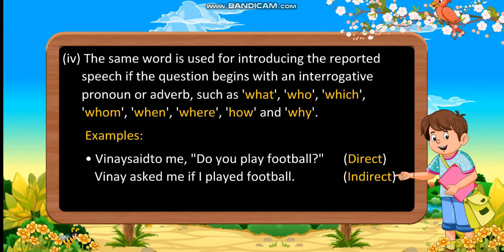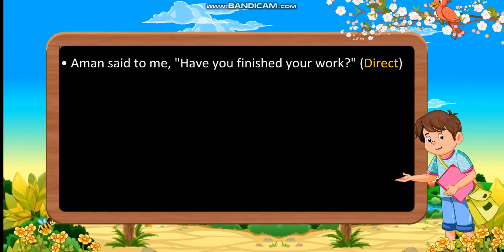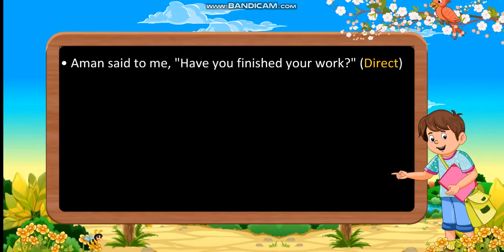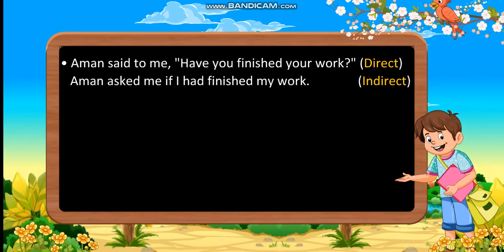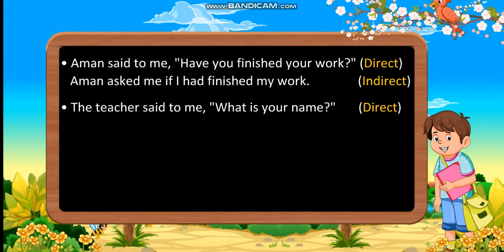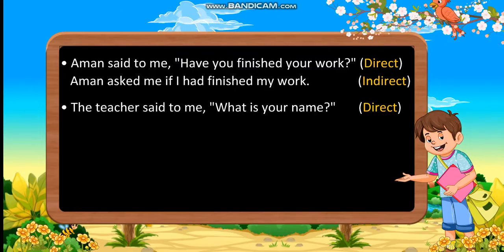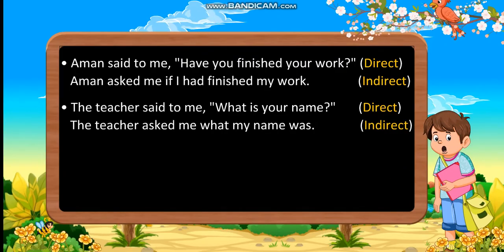Vinay asked me if I played football. Aman said to me, "Have you finished your work?" Aman asked me if I had finished my work. The teacher said to me, "What is your name?" The teacher asked me what my name was.